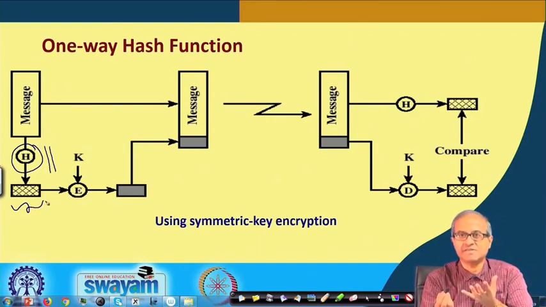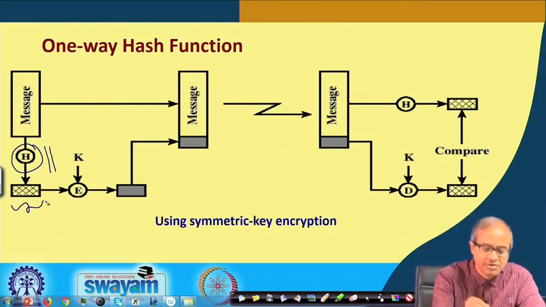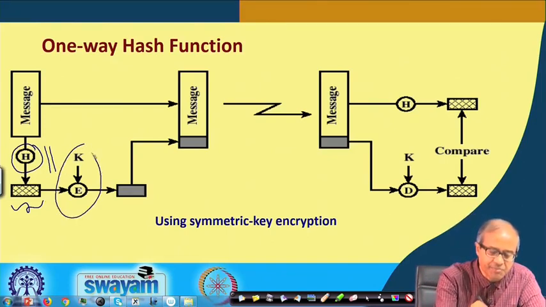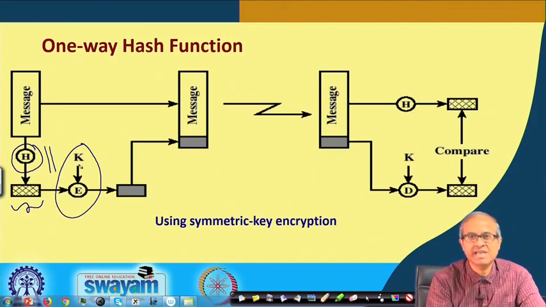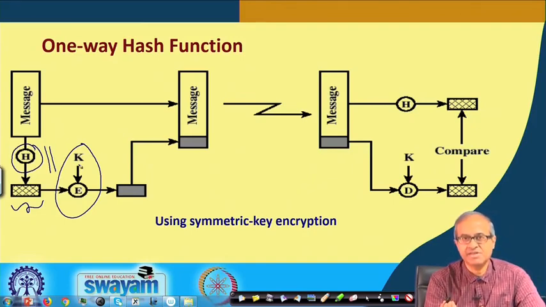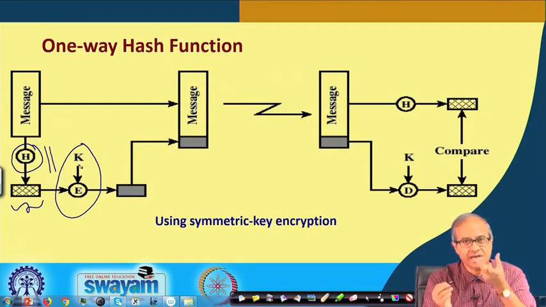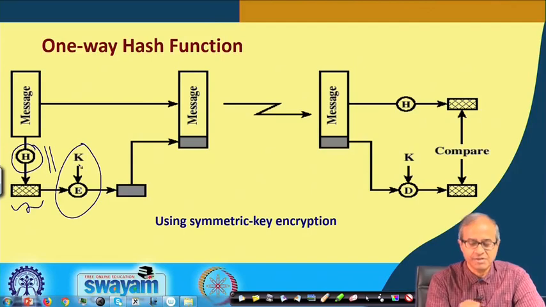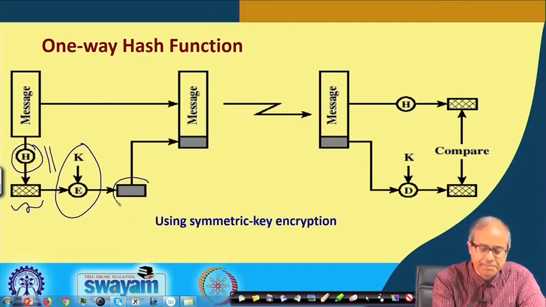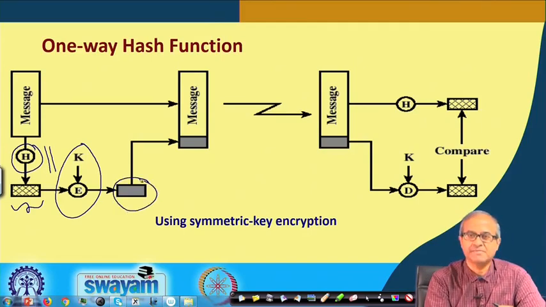But after that we use another step of encryption. We have an encryption step where you use a private key k and a private key or symmetric key encryption algorithm to encrypt the hash value. We are not encrypting the message, we are encrypting the small hash value to generate an encrypted hash.